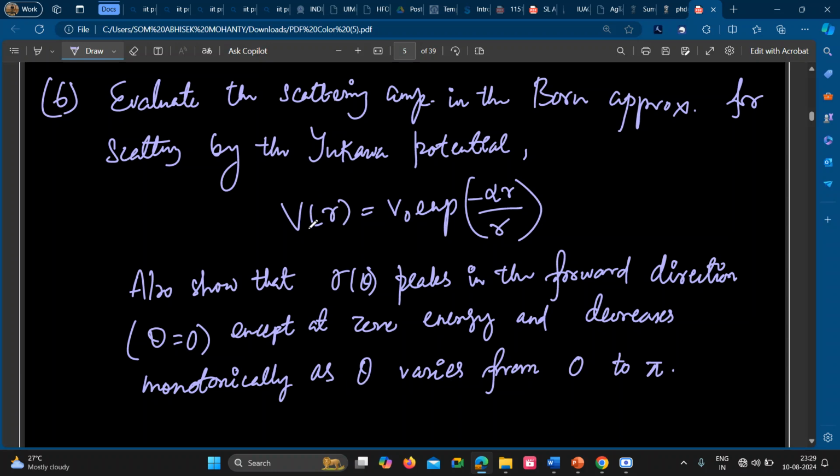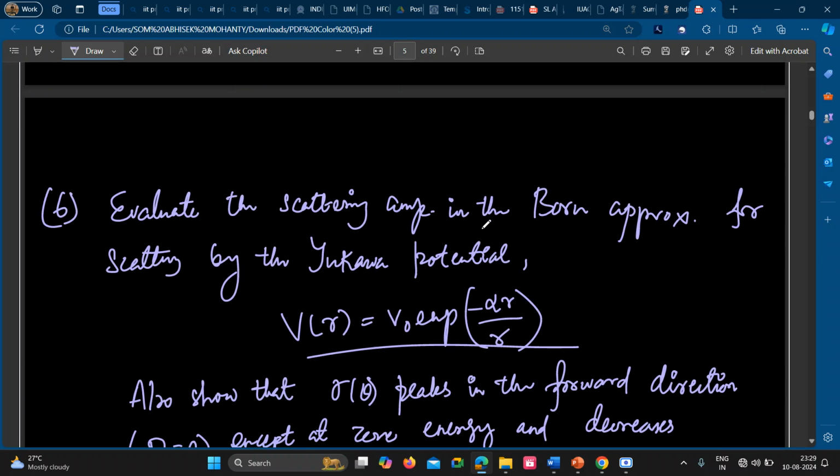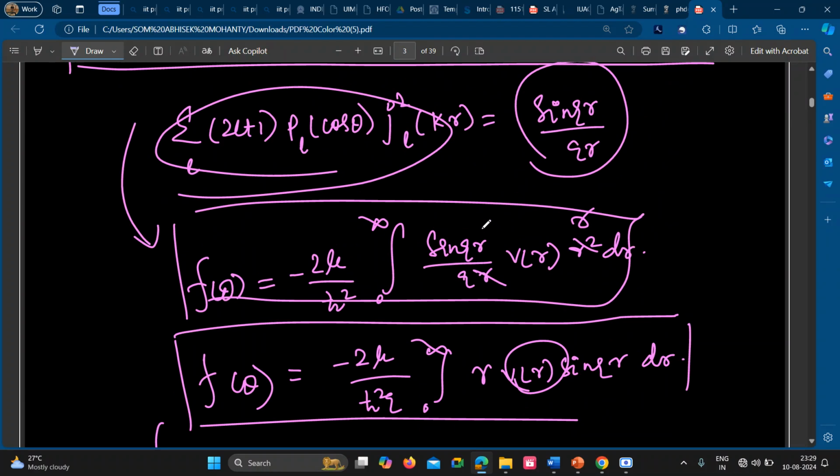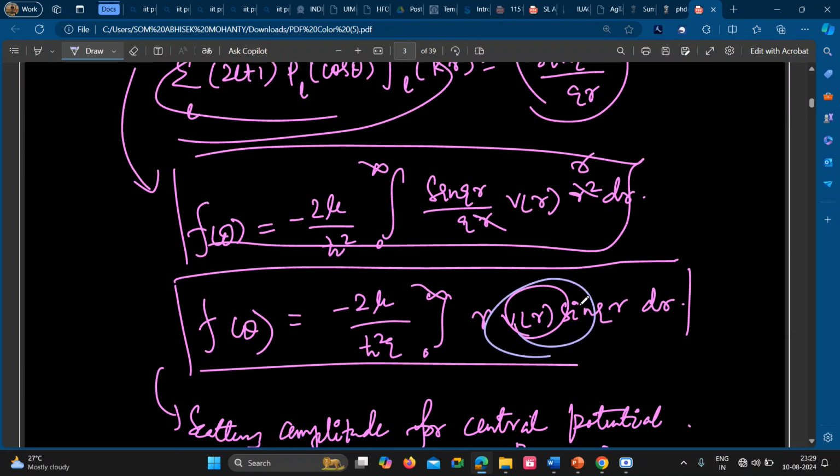So this is the expression for the Yukawa potential. We have to use it to get the scattering amplitude, so we just have to put the value of V(r) here.